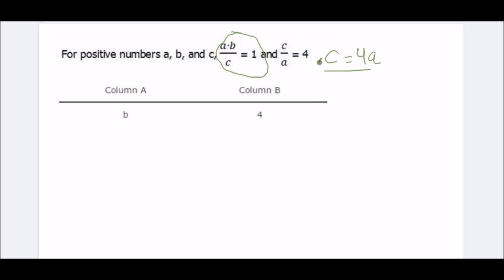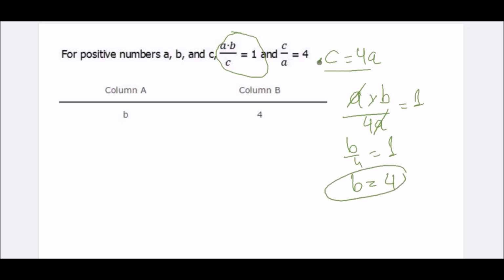So substitute the C value in the first equation. A into B divided by 4A is equal to 1. So A is eliminated. B by 4 is equal to 1, and B is equal to 4.